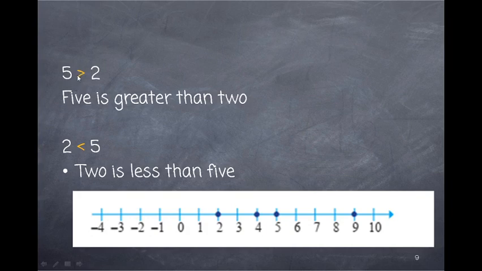The left number is larger than the right number, and in this symbol there's an open mouth for the larger number. So you know that the side which has the open mouth is larger, so we read it as greater than. 5 is greater than 2.